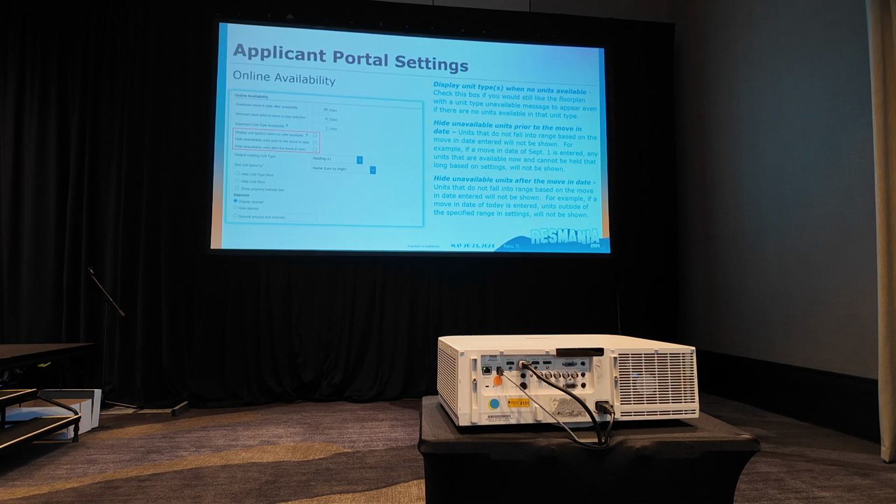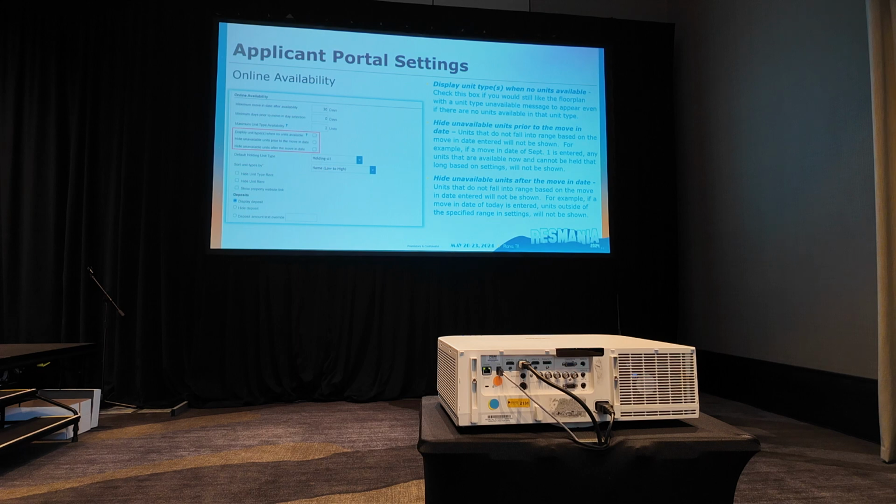All right, moving down that page, display unit types when no units are available. We're looking at 3 check boxes in a row here. So do we want to display the floor plan if we don't have any units available in that floor plan? Common thoughts on this? What do y'all think? What are y'all doing right now? Are we displaying units if there are none available?